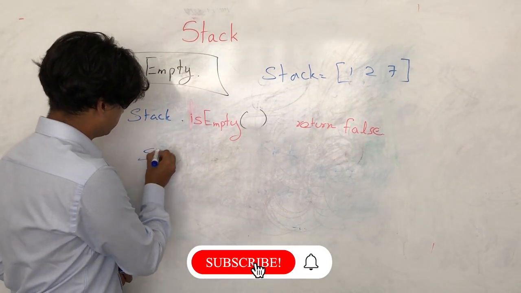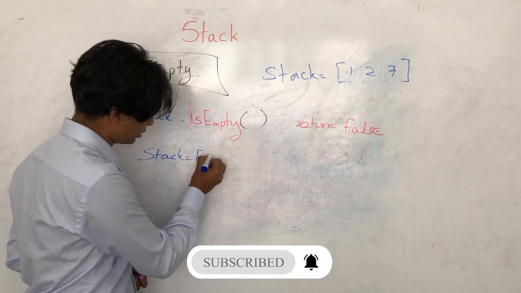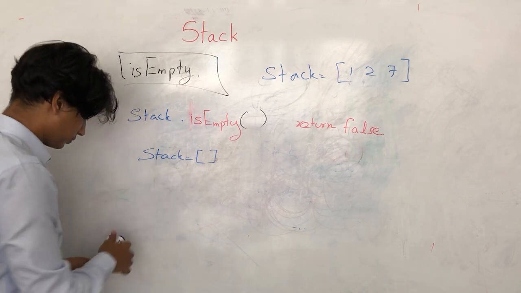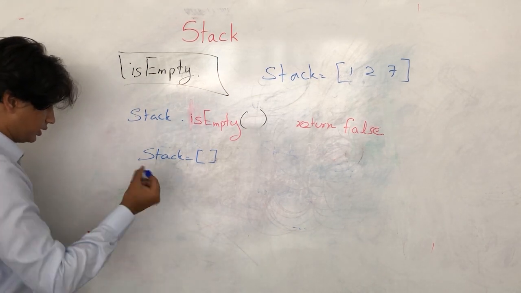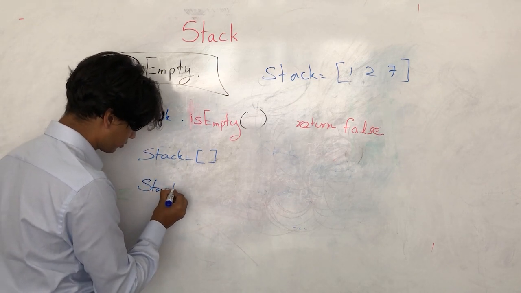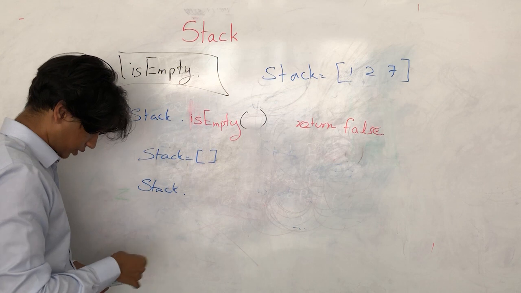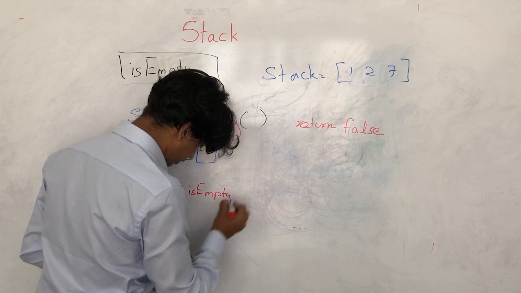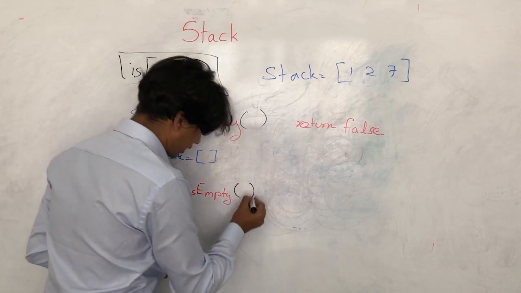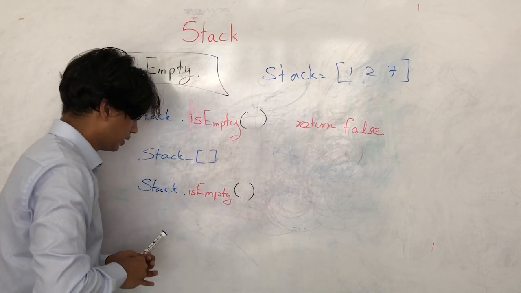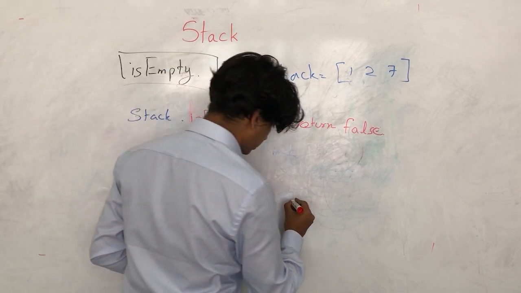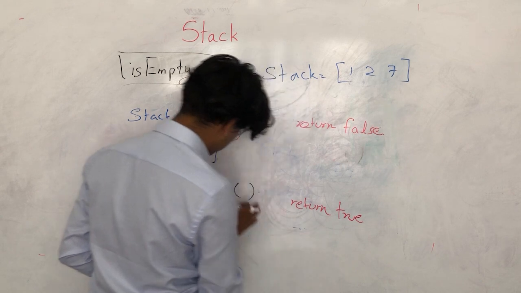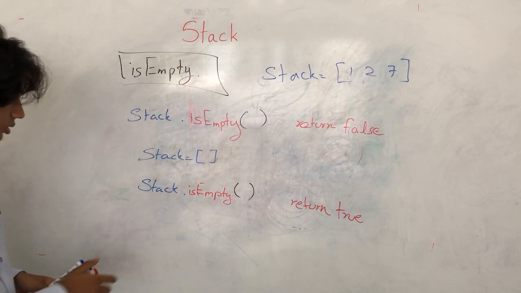If we use this code on this stack, stack dot isEmpty, at this moment I will return the value true, because as you guys can see my stack is empty.